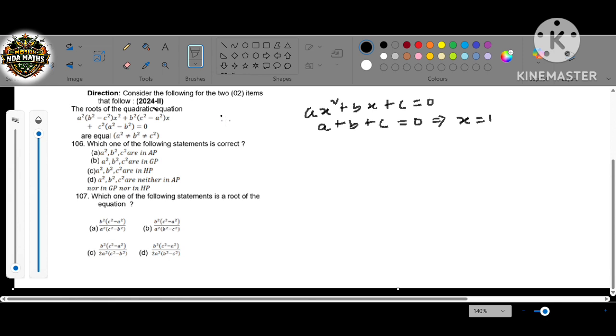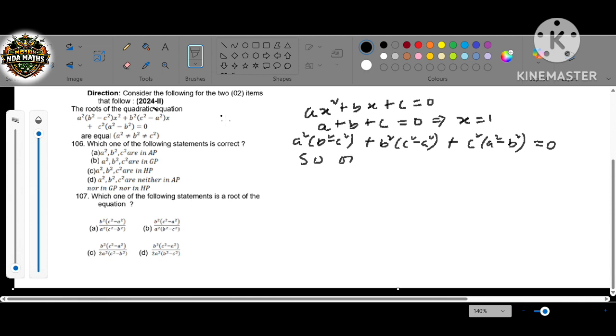So here, a square into (b square minus c square) is the x square coefficient. The x coefficient is b square into (c square minus a square). And the constant term is c square into (a square minus b square). Now if I add all this, they will cancel each other. The answer is 0. That means one root of this equation is 1.